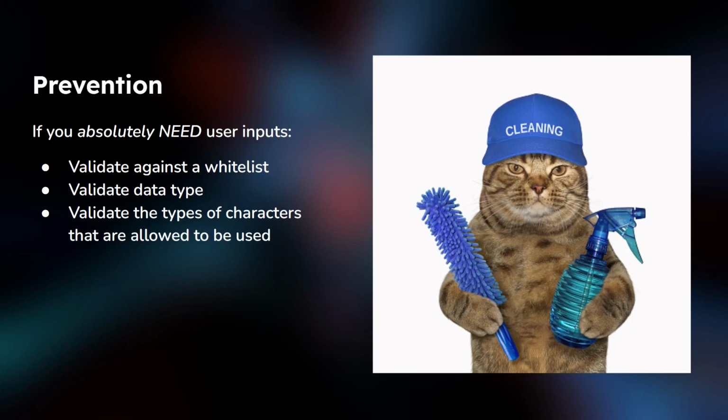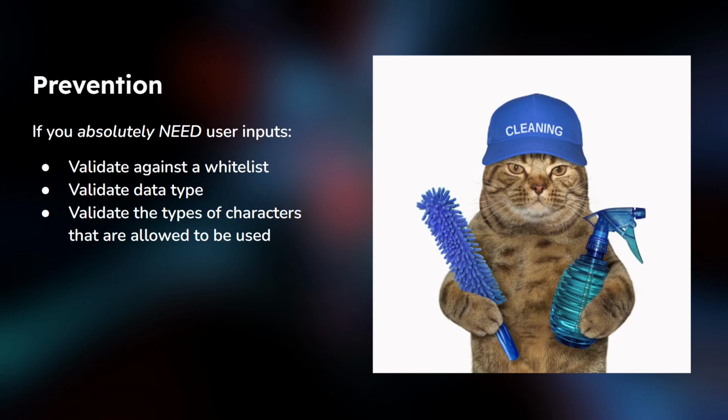You're going to have to get ready to do some cleaning. And by cleaning, I just mean input validation. So you're going to want to validate all your user inputs against a whitelist of just verified things that you should be expecting so that you don't have to worry about it. You might also want to validate the data type. In the very first example from the very beginning, the inputs should have just been integers and not strings, but it let us put in a string with even some different characters.